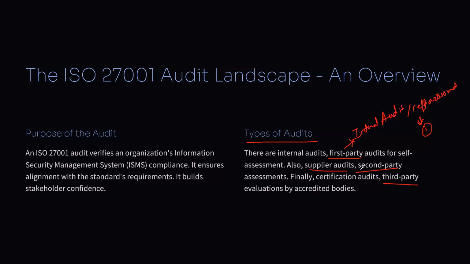Then we have the second party audit. Second party audit is where you are performing a vendor assessment. We check the partner, we check the vendor, whether they are compliant or not. So we are auditing a SaaS provider for security checks. Then we have the third party audit.